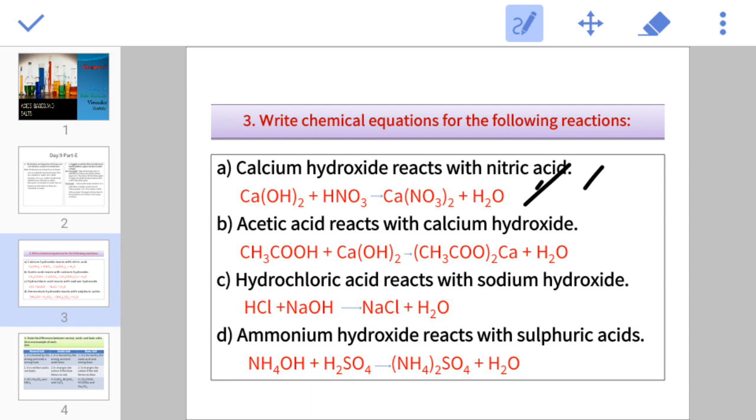Acetic acid CH3COOH and calcium hydroxide Ca(OH)2 and we get calcium acetate and water. Hydrochloric acid, it's a common example of the neutralization reaction. Ammonium hydroxide formula is NH4OH, and the sulfuric acid is H2SO4, we get ammonium sulfate and water H2O. In every case acid plus base give salt and water.